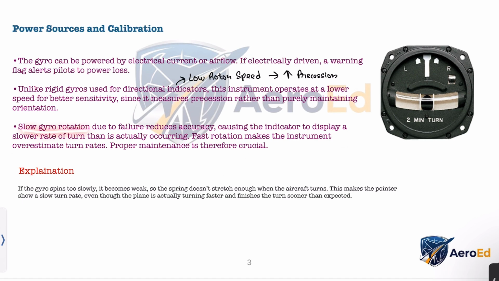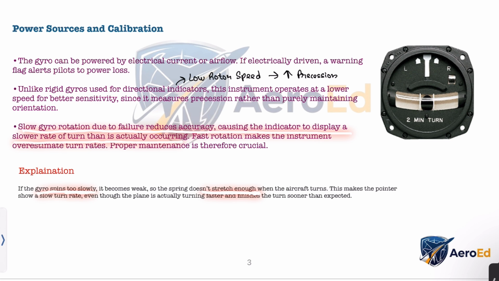Slow gyro rotation due to failure reduces accuracy, causing the indicator to display a slower rate of turn than is actually occurring. So let me explain. If the gyro is spinning too slowly, the rigidity will be low. This makes the spring not stretch enough, because the spin rate of the gyro is low, which makes the rigidity low.